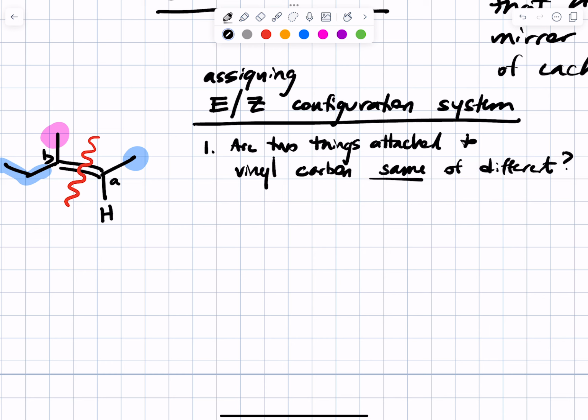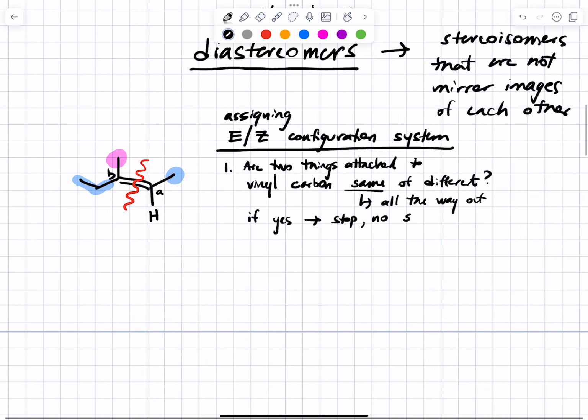And by same, I mean same all the way out. If they're the same all the way out, then you get to stop and no stereochemical configuration, no E/Z assignment, is necessary.